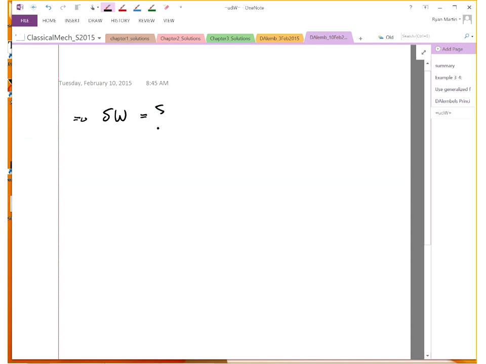So the total virtual work is the sum from i equals 1 to capital N, the number of applied forces, of F_i plus, now it could be an inertial force, capital I sub i, dotted with delta r_i must equal 0.